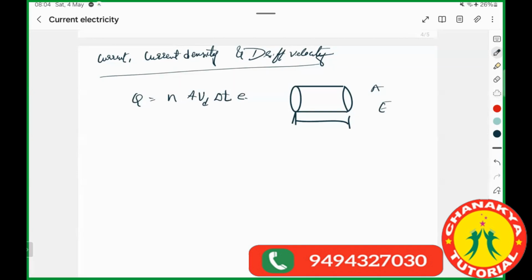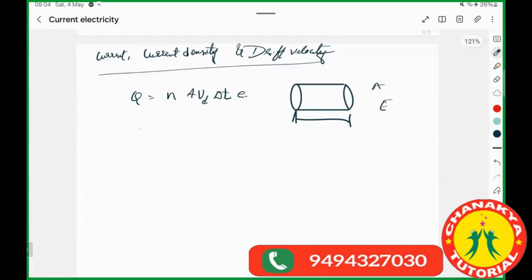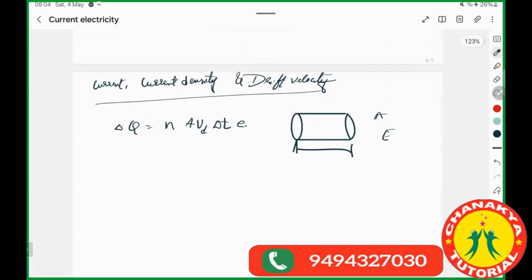By I equals, let's take a small delta Q. This is by volume: number of free electrons per portion of the volume.